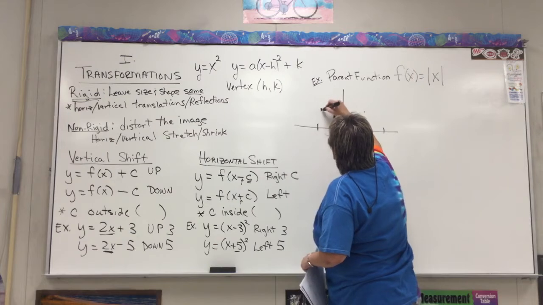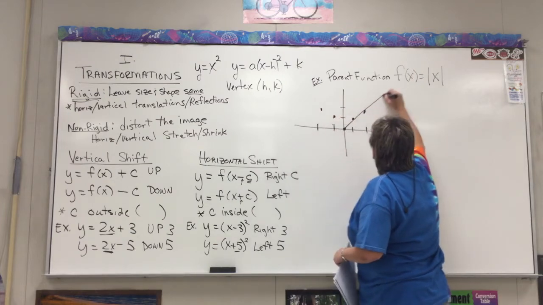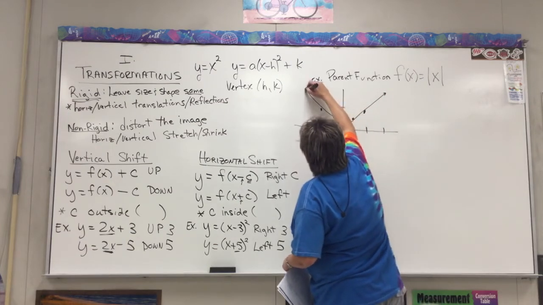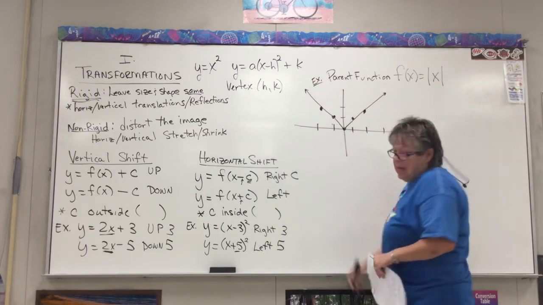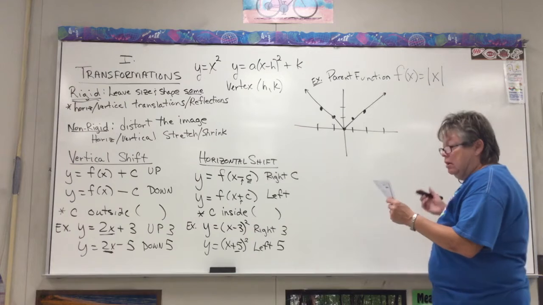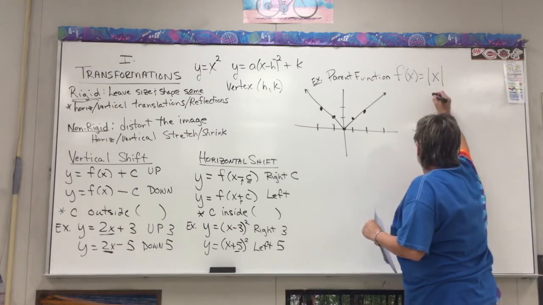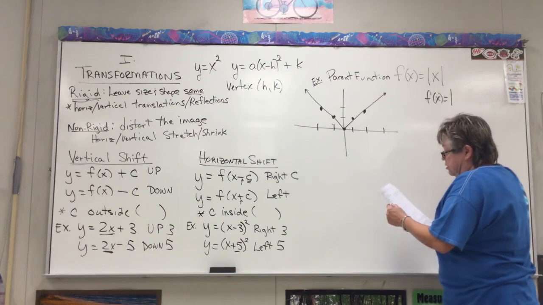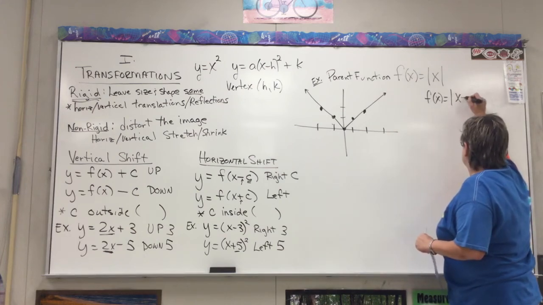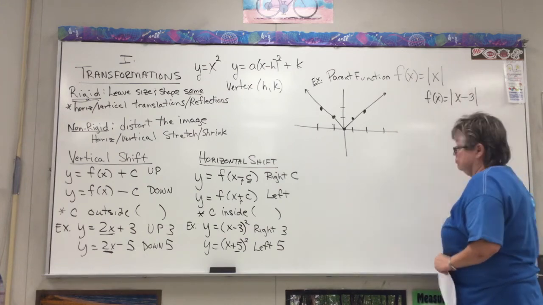And again, I'm just doing a quick sketch to get the idea here. So there's your parent function, absolute value. Then maybe I'll say to you, well, what if we did something like f of x equals absolute value of (x minus 3).